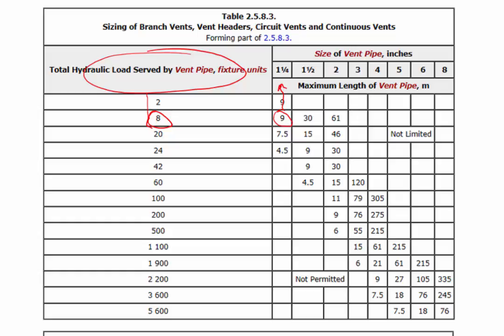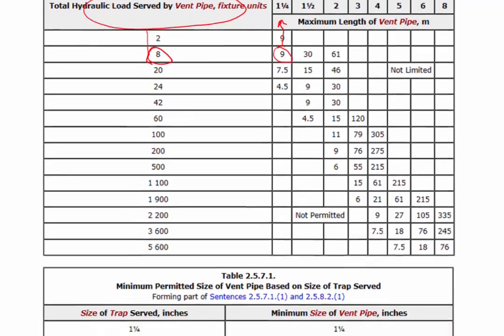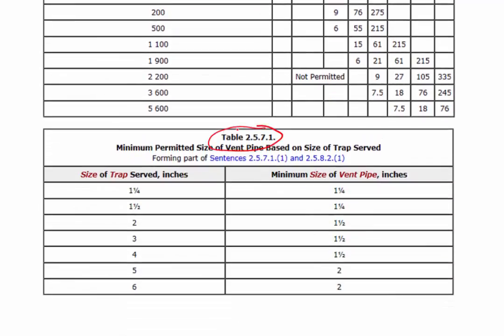So initially, table 2583 says that a continuous vent serving only 5 fixture units up to 5 meters in length, really up to 9 meters in length, can be 1.25". But according to table 2571, which must be accommodated with all dry vent sizing, we have to serve this 3-inch trap, or what we call a 3-inch fixture, the water closet.